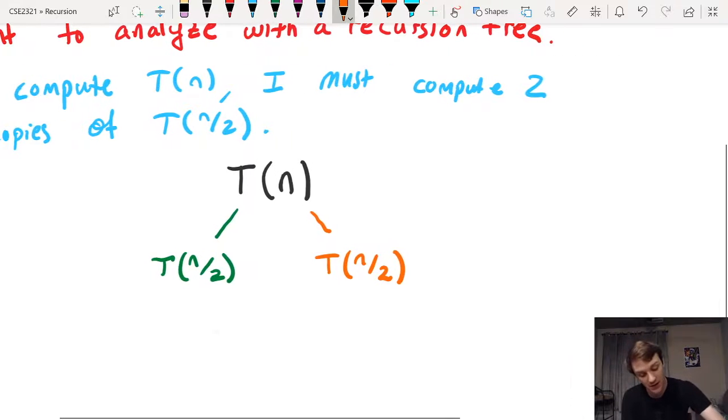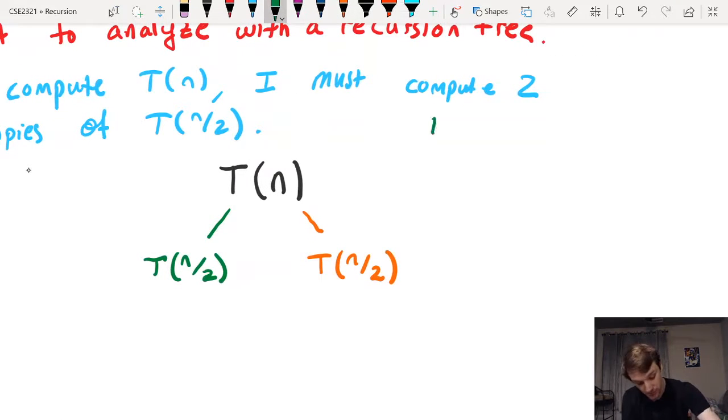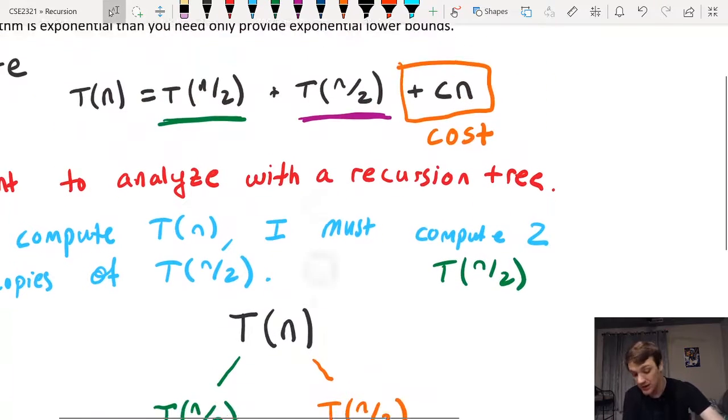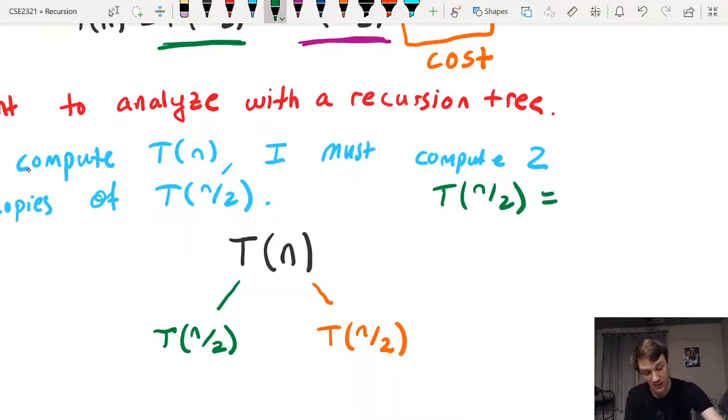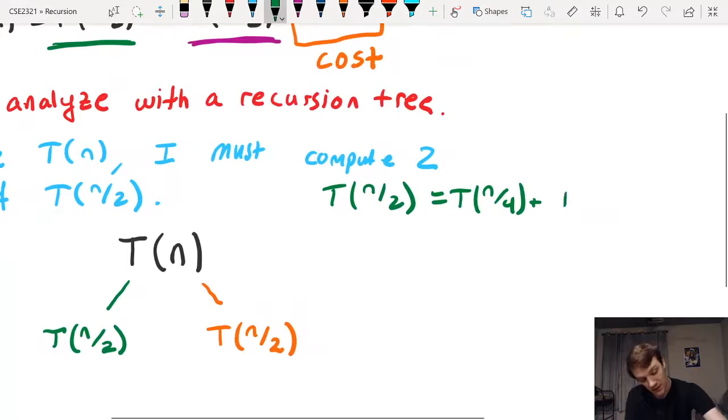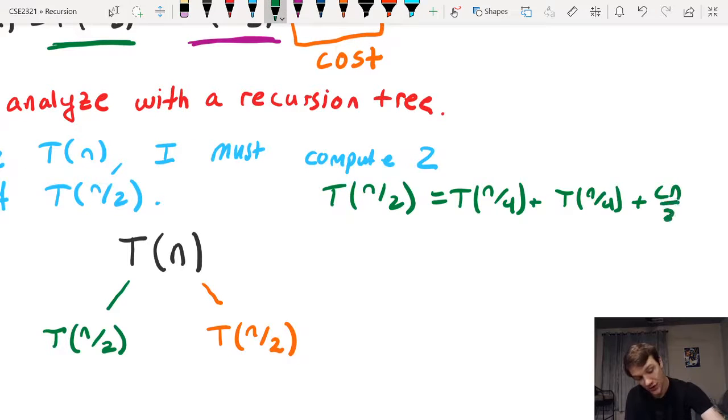So to compute t of n over 2, I would plug n over 2 into the original expression there. So that's t of n over 2 equals t of n over 4 plus t of n over 4, plus cn over 2.